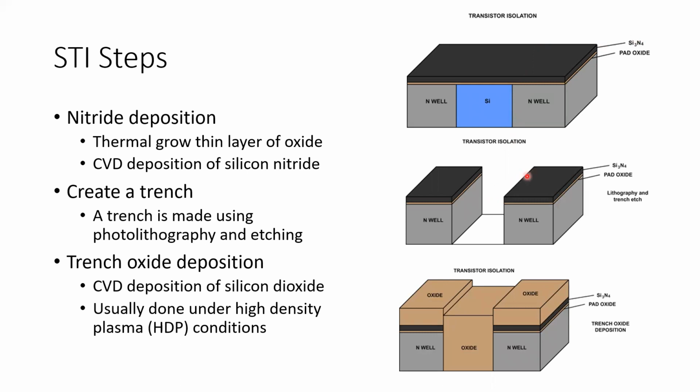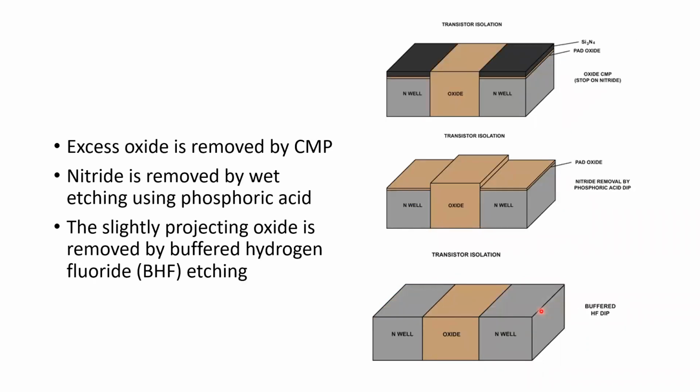So there's our trench made, and then we deposit trench oxide using the CVD method. Normally we can use HDP CVD to deposit the oxide layer quickly. Now the surface is not flat anymore, so we need CMP to flatten it.